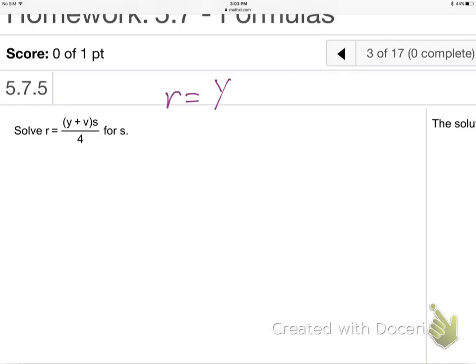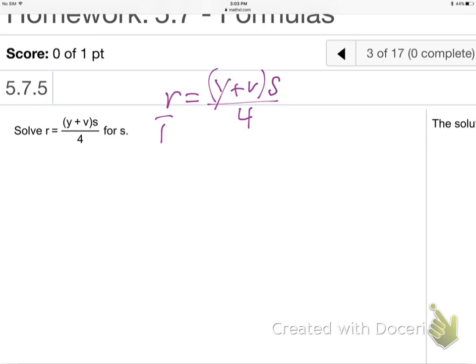R equals Y plus V, S over 4. Now, is that just one fraction on each side? Yeah. I mean, you can put that R over 1, and that's certainly one fraction on the right side, isn't it?